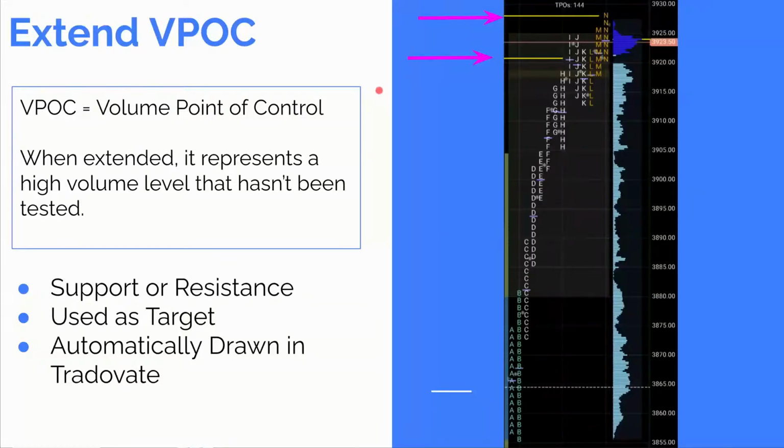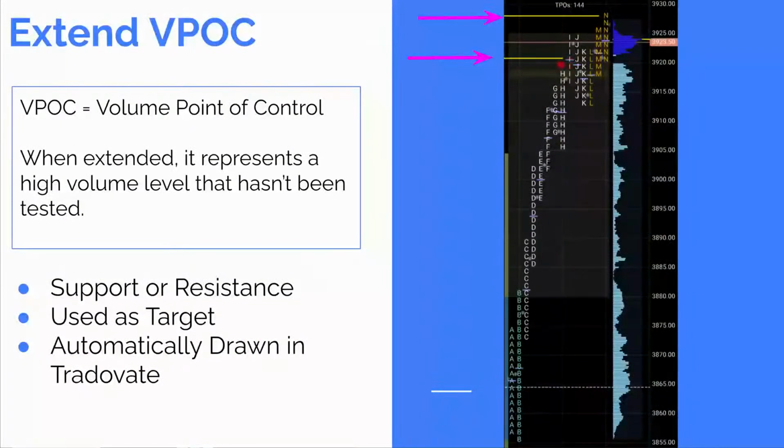And if I'm not in a trade and the market is approaching it, say I'm looking for a short for whatever reason, when it comes up into these yellow lines, those are levels where I can establish a short trade, and I may wait to see if we get any acceptance or rejection there and then get on board.